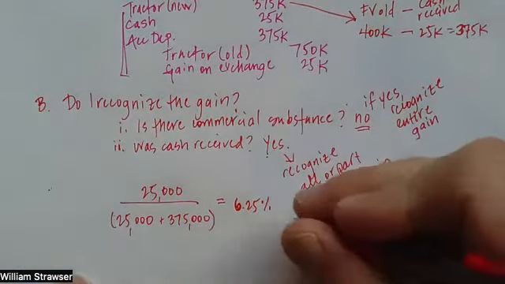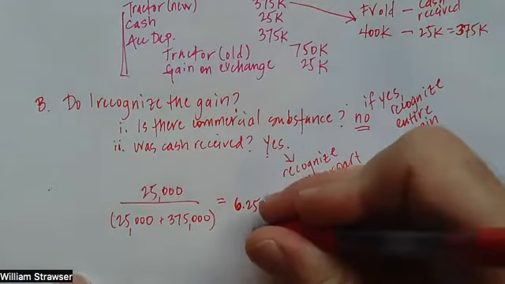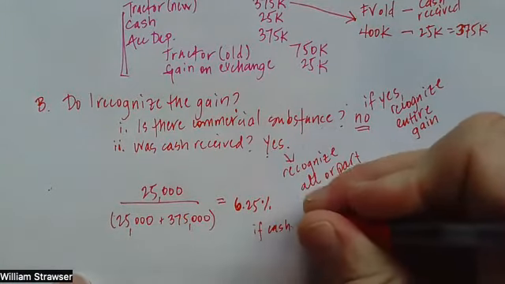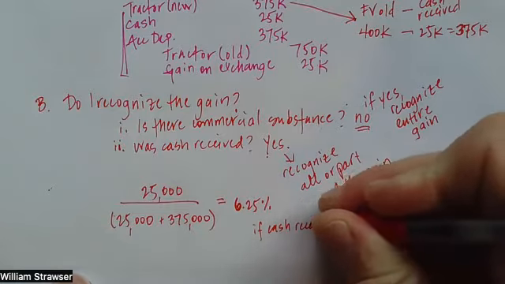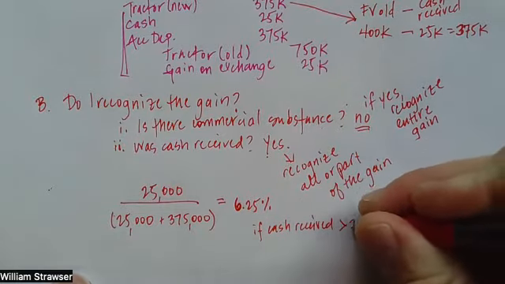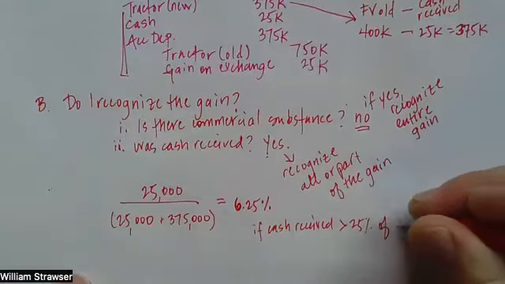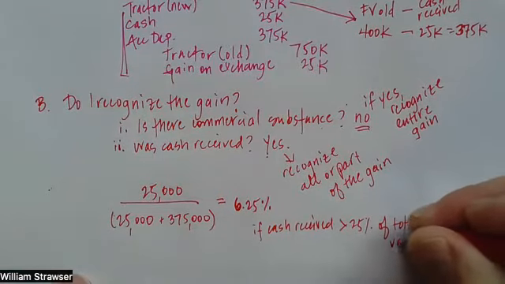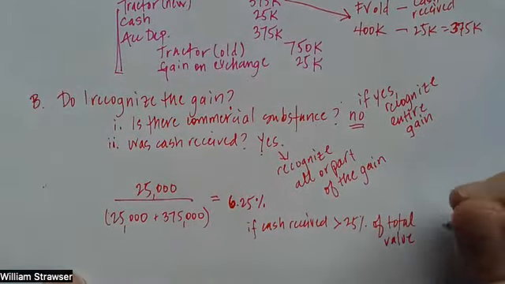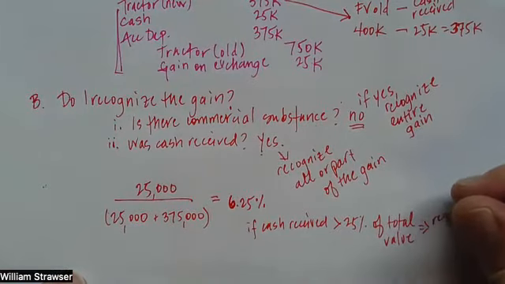If this was greater than 25% of the total value of what I received, then I could recognize the entire gain.